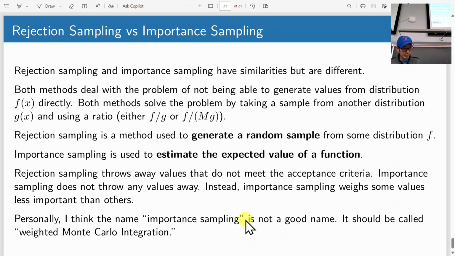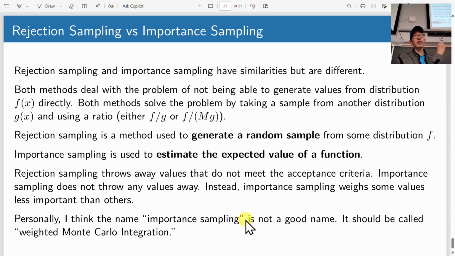Don't get rejection sampling and importance sampling mixed up. They are similar, but their end purposes are different. They're similar in that both of them are workarounds for when you can't generate values from f. But the key here is that rejection sampling is used to generate a random sample itself.